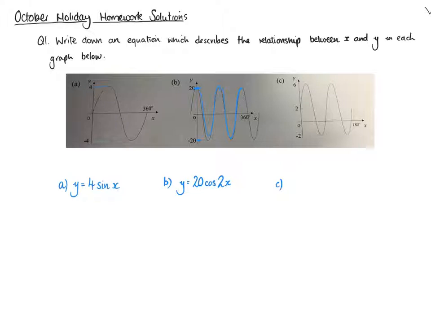And then for C, our centre of our graph has been moved, so it's been moved up 2, so we know we've got to have a +2 on the end. Our graph from where our centre is goes up from there to our maximum, so that means that it's a sine graph.